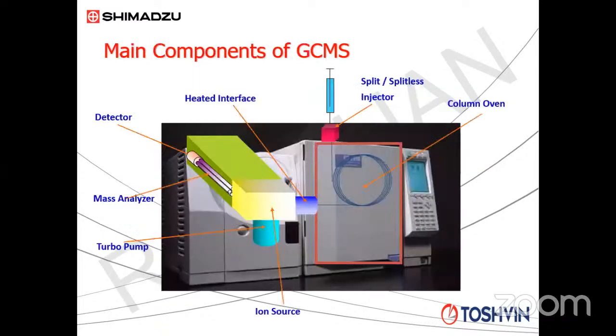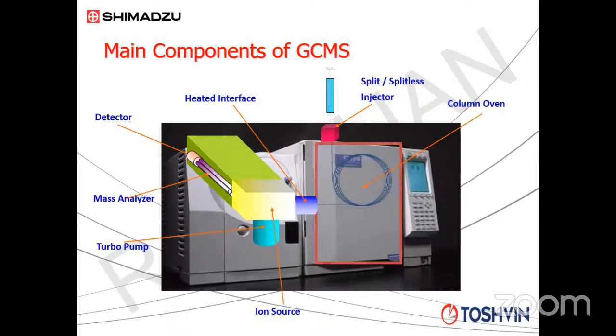Okay. And this is, of course, how a GCMS looks. You have got a GC on the right hand side and the MS on the left hand side. There is an injection port where you are going to introduce the sample. There's a capillary column inside, and the column is entering the mass spectrometer through an interface.